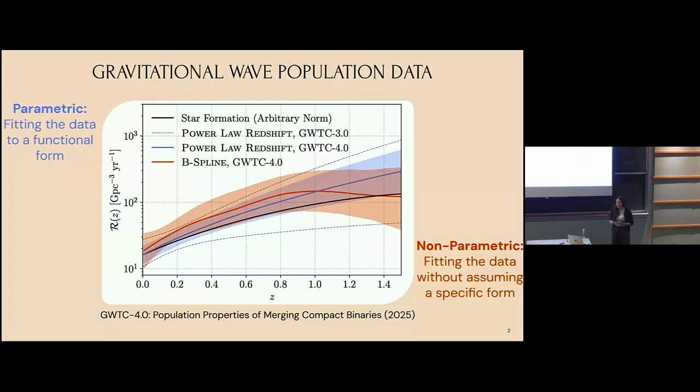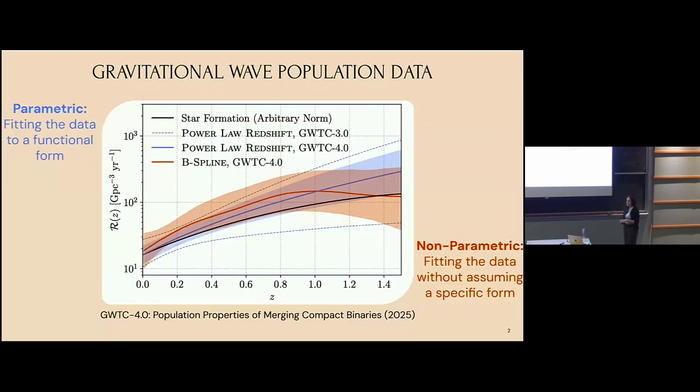The parametric methods assume some functional form, some structure that the merger rate has to conform to. So this is shown by the power law in blue. And it's called parametric because you're fitting to the parameters of this model. In contrast, there's non-parametric methods, which don't assume some underlying structure for the merger rate.